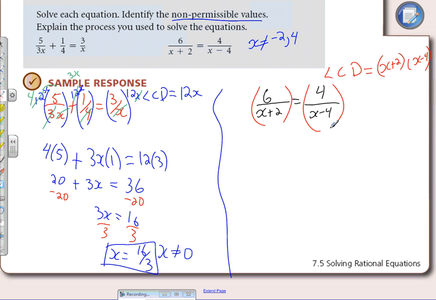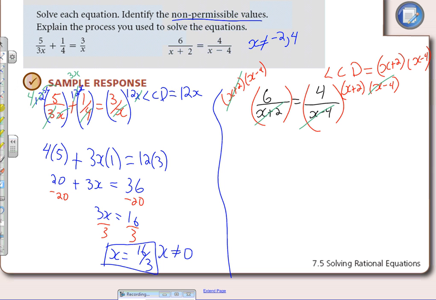So then that's x plus 2 and x minus 4. X plus 2 and x minus 4. Divide first. The whole point is to get rid of the denominator. The x plus 2's cancel, those x minus 4's cancel.